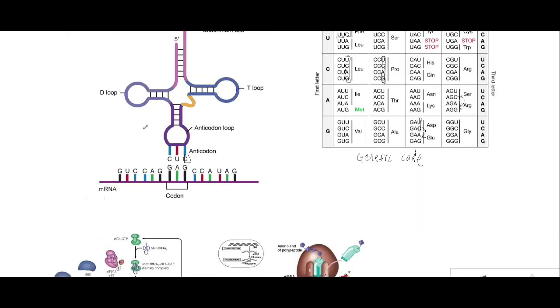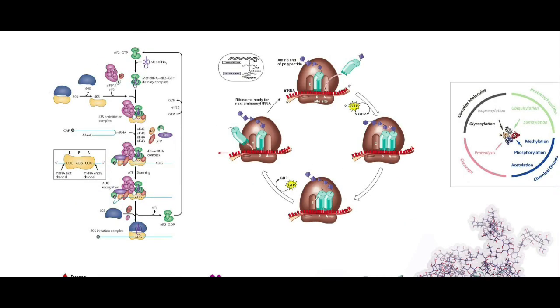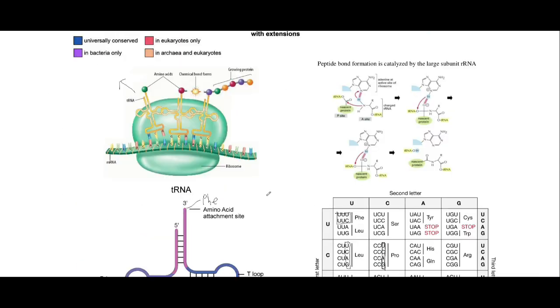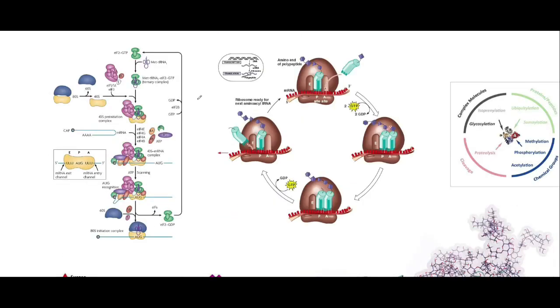Yeah, so E, P, and A. So the E site is the one where this amino acid kind of gets ejected out of the ribosome. The P site is the one where, I think that other picture was better. Yeah, so the A site is where you're entering.